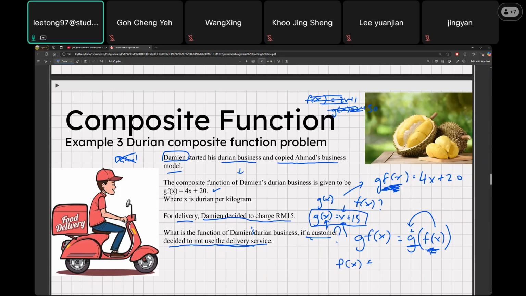So f(x) + 15 is this 4x + 20. So minus away this 15, and then this will be left 5. So f(x) is 4x + 5. This is how you find another function from a composite function.